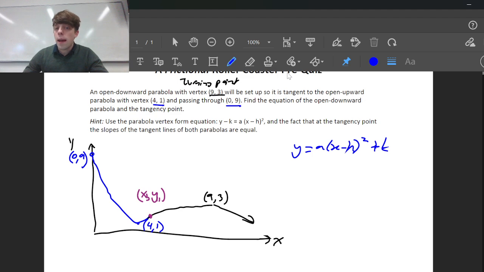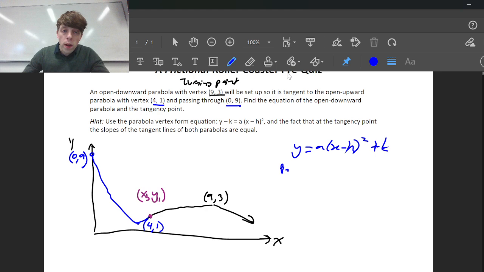It's an equation written in a form where we have what's called the horizontal translation factor h and the vertical translation factor k of the turning point. So if we know the coordinates of the turning point, in this case 4, 1, then that tells us that for this blue parabola, h is equal to 4 and k is equal to 1.